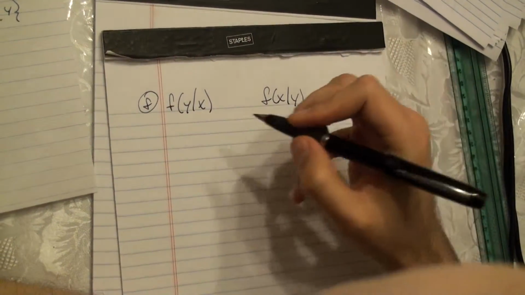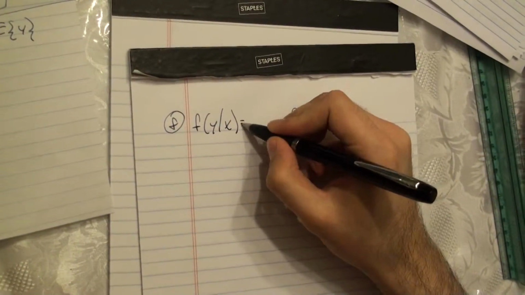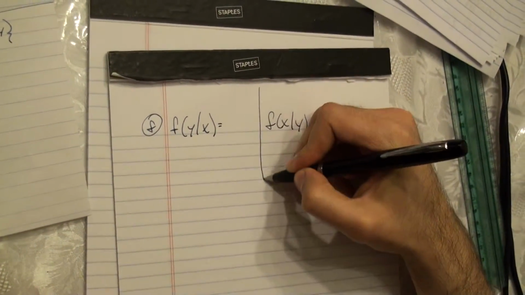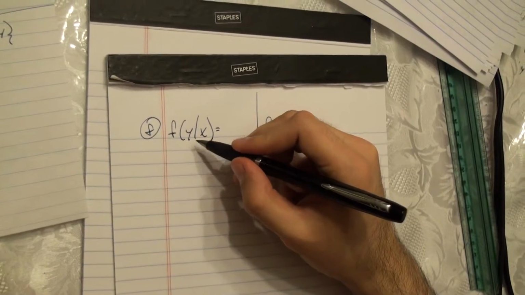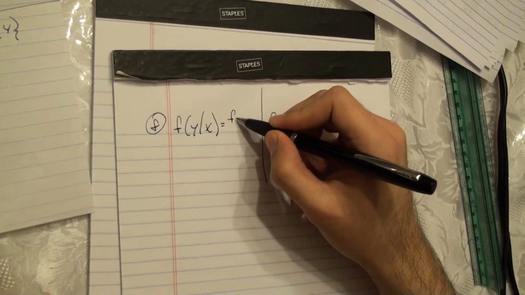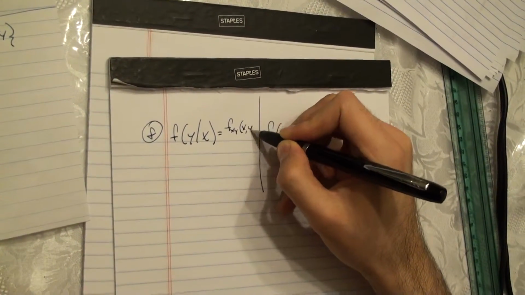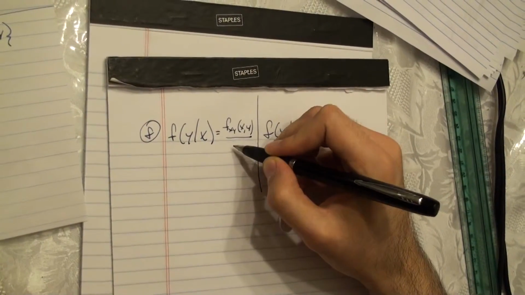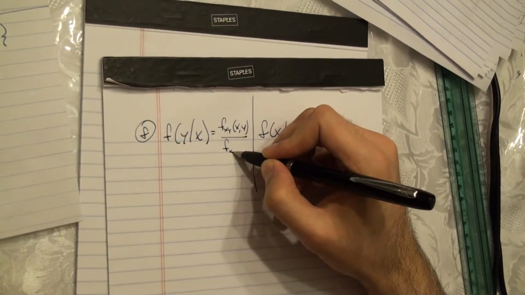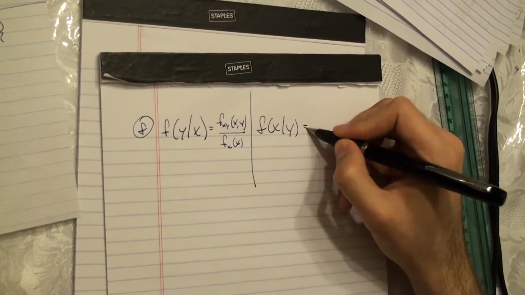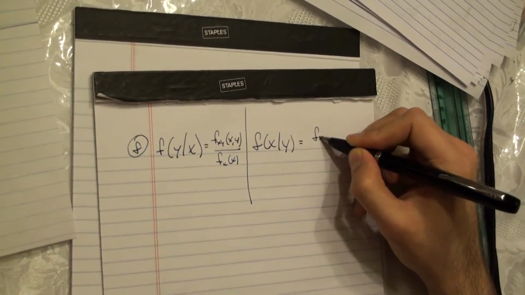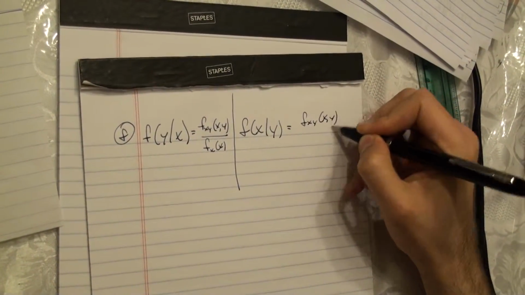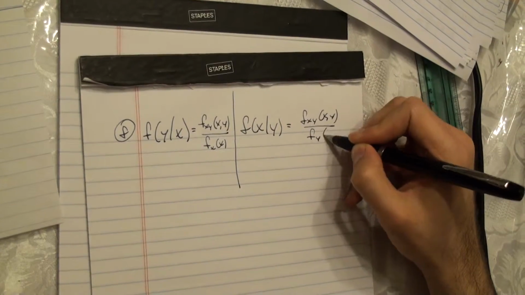Okay, simple enough. So, I'm just going to put a little bar here. F of y given x, by definition, is f of xy over f of x. And f of x given y, by definition, is f of xy over f of y.